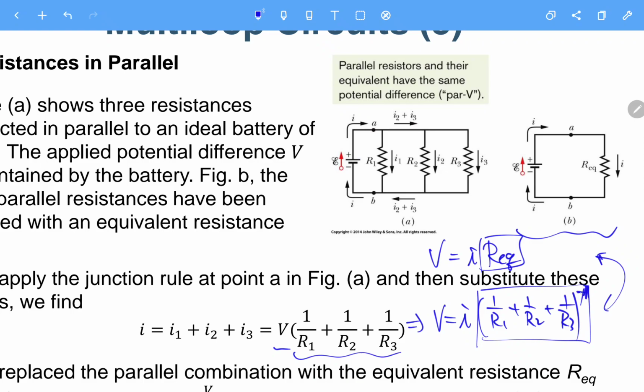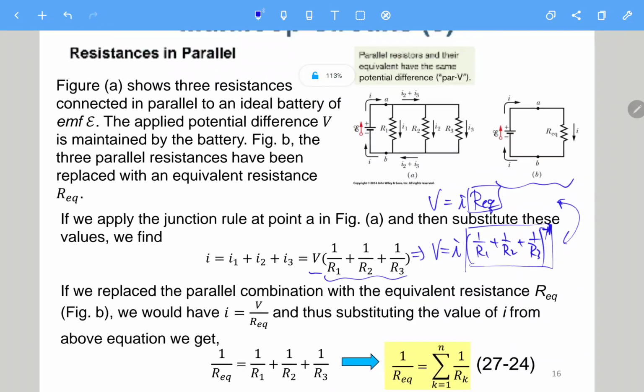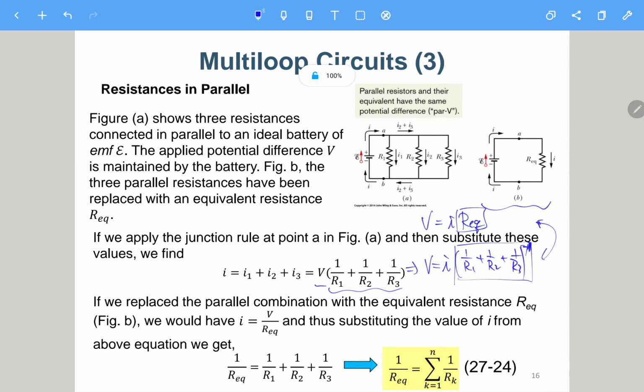This is reciprocal. So we should have Req to be the reciprocal of this whole thing, or the reciprocal of Req to be the sum of the reciprocals of the resistances: 1 over R1 plus 1 over R2 plus 1 over R3.